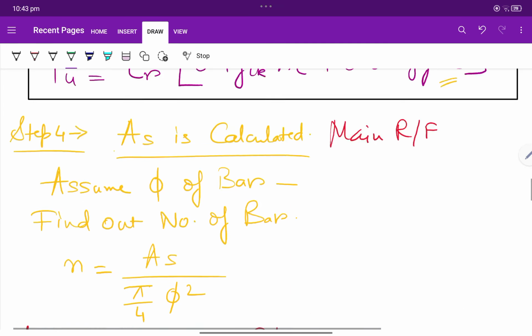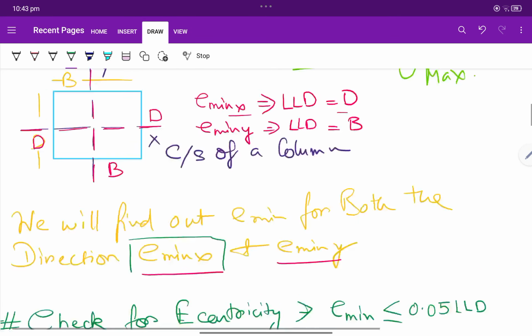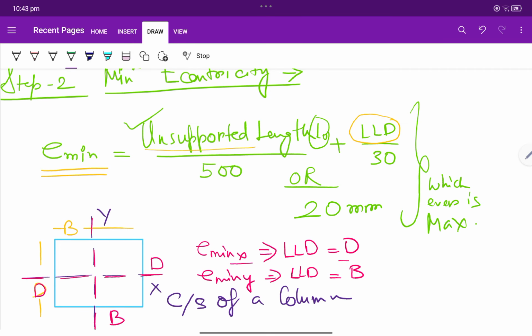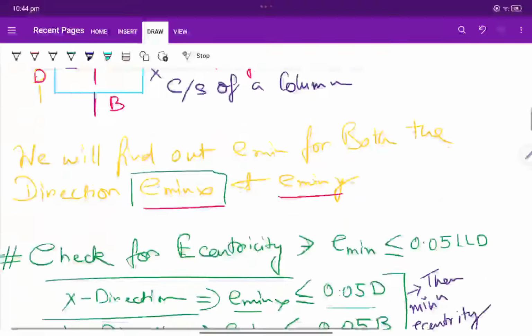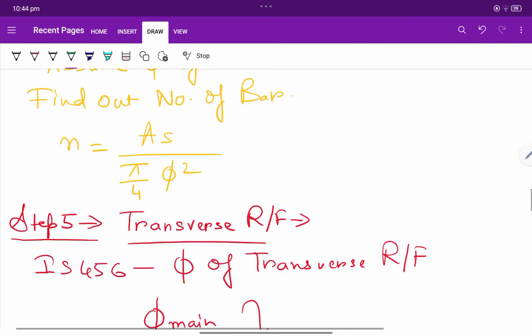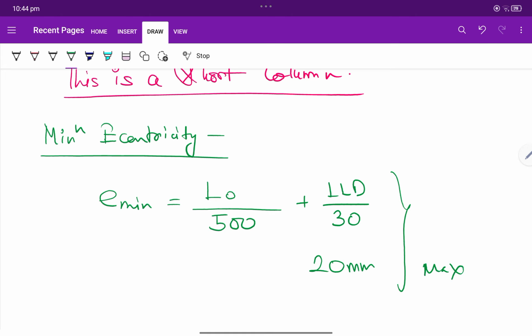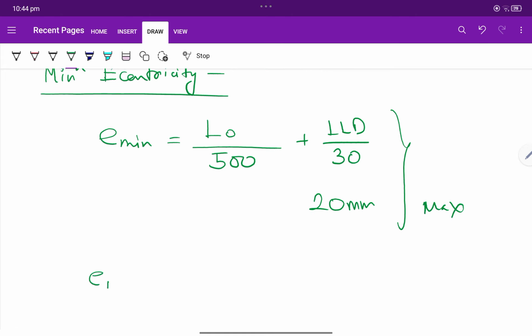The minimum eccentricity value, as we have written earlier: E minimum is the unsupported length divided by 500 plus lateral dimension divided by 30, or 20 mm, whichever is maximum. So let's do E minimum, which will be calculated for both directions.